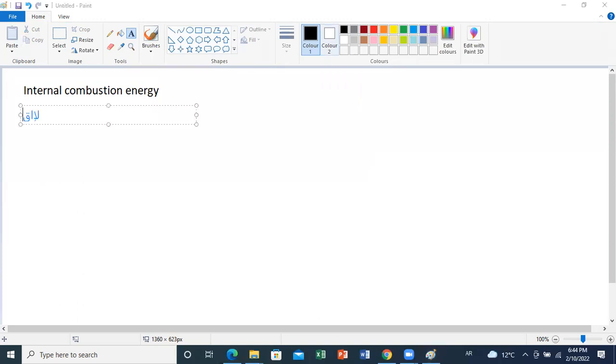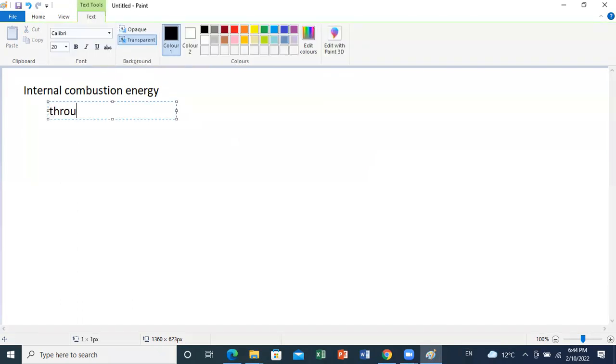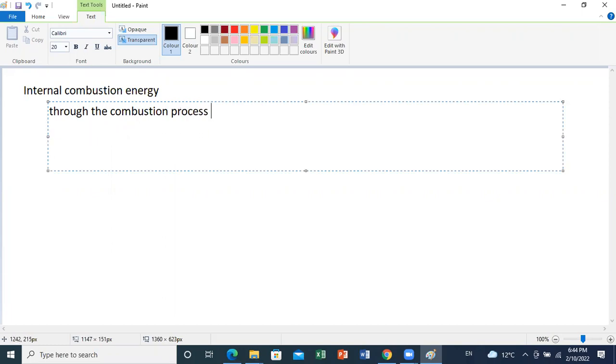So through the combustion process, we will have transformation of energy from chemical form to heat form.